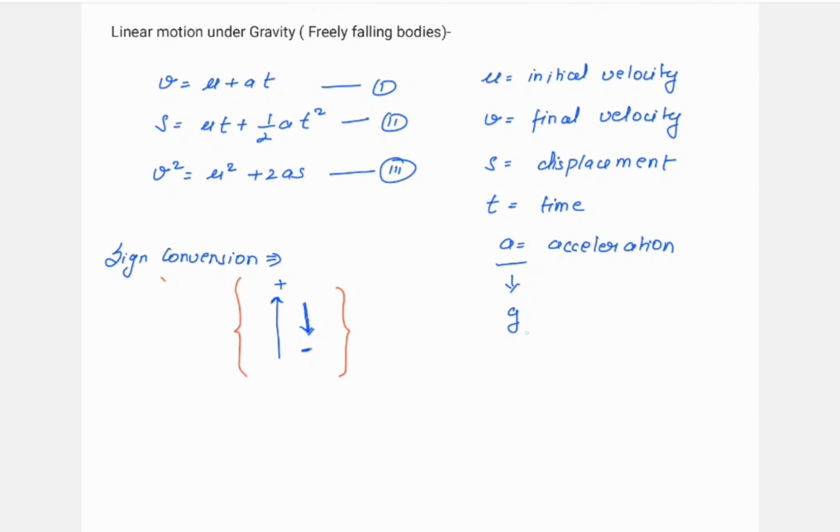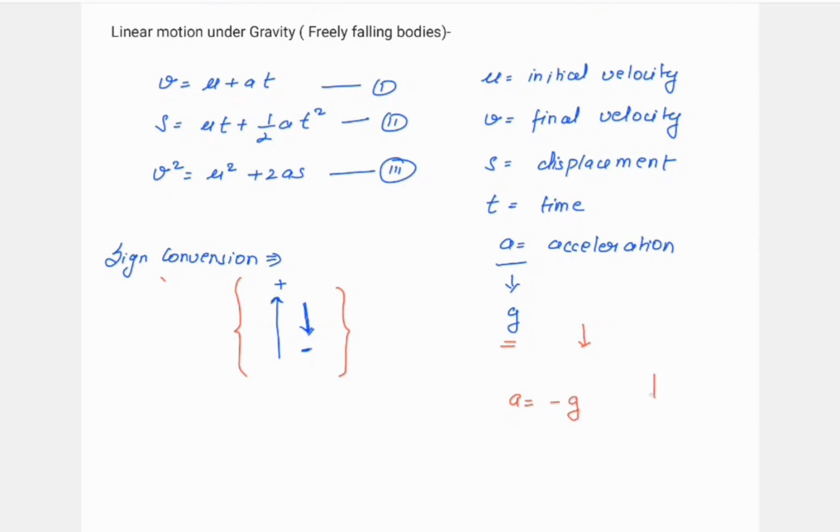As we know, gravity always works downward. So whenever we discuss questions of linear motion under gravity, the acceleration will be minus g. Why?